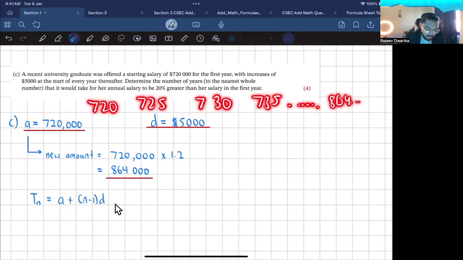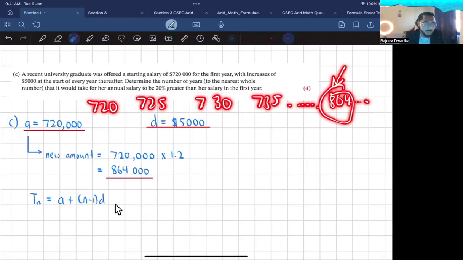Right. So whatever this term is, it will have this value. We know the value of the term. The value of the term is 864,000.